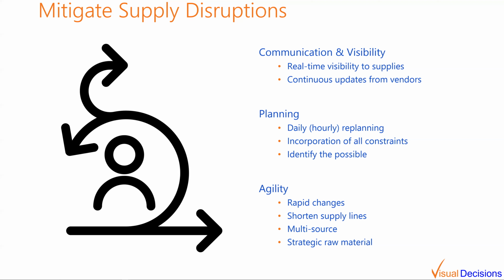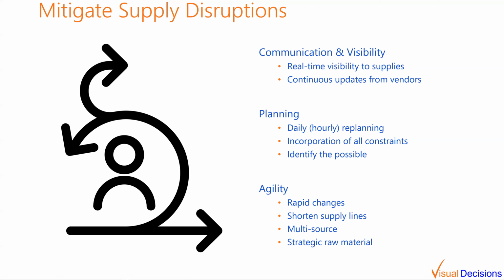Being able to have those short supply lines, being able to multi-source where possible that you may not have before. Even if it costs a little bit extra, and you've been trying to minimize suppliers in the past, maybe look at having those extra suppliers within the supply chain, so that you have that additional agility for when one supplier can't provide everything that you need.